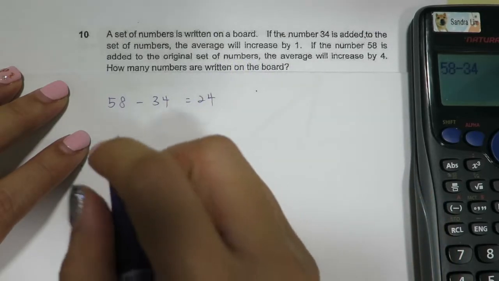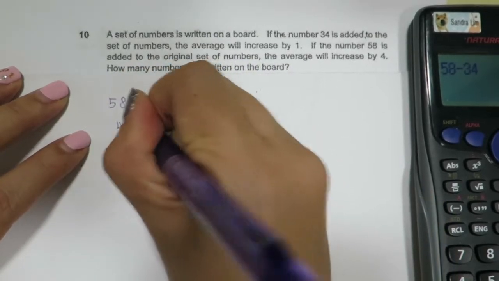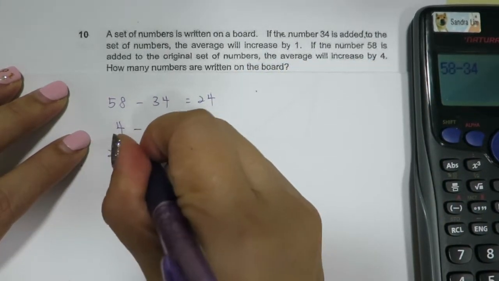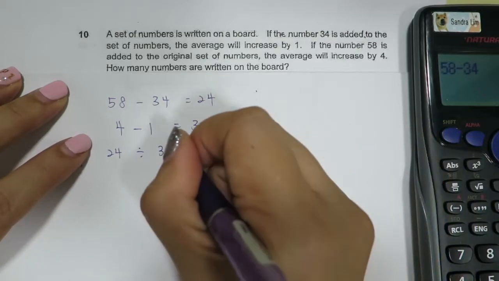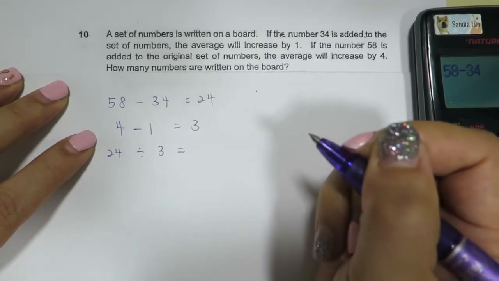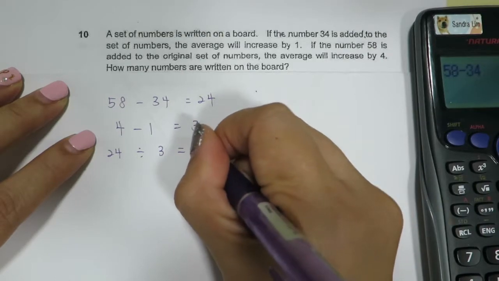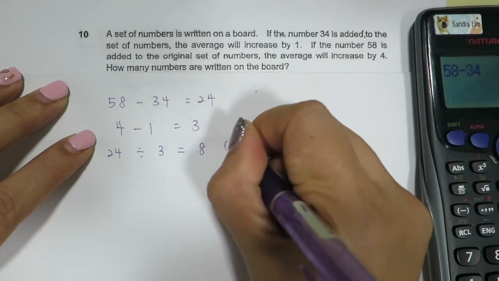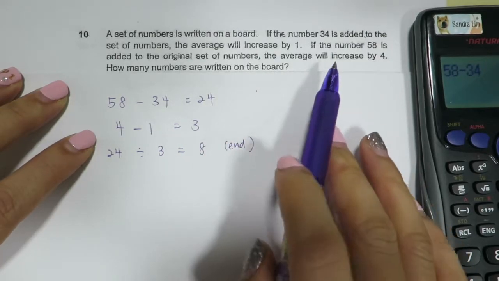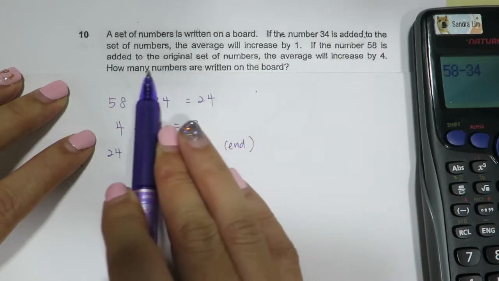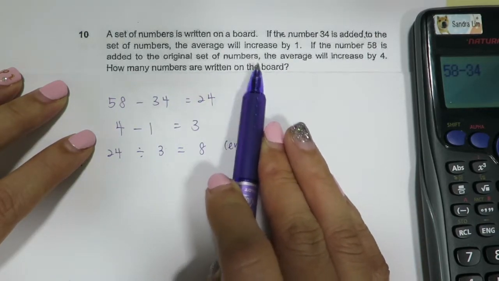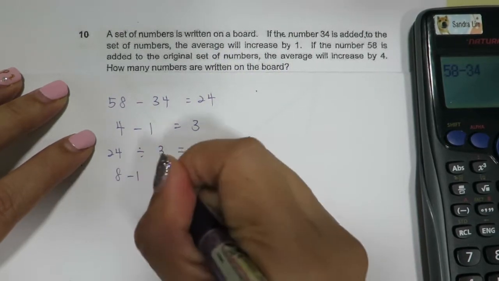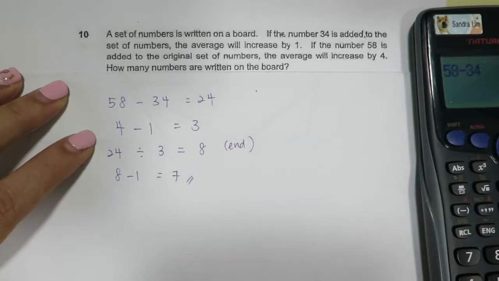So from 1 it became 4. This tells us that there are 8 numbers, but this is in the end, including the last number that's added. So how many numbers are written on the board? They're talking about at first, which is without the last number. 7.